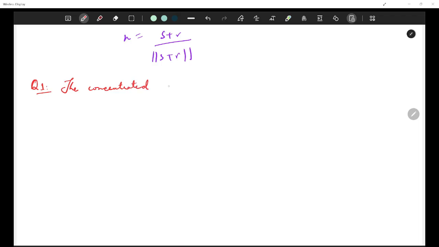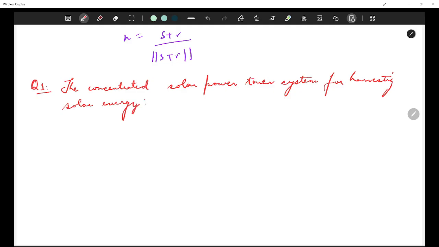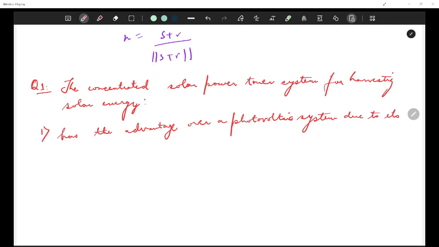The concentrated solar power tower system for harvesting solar energy has the advantage over a photovoltaic system due to its higher efficiency.